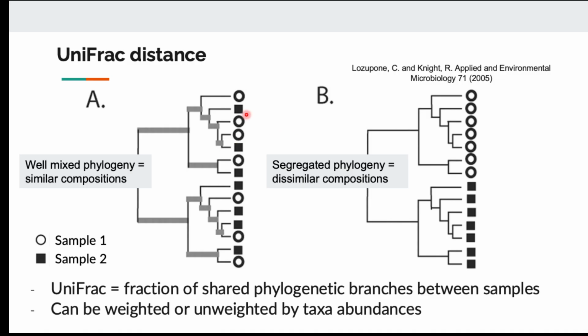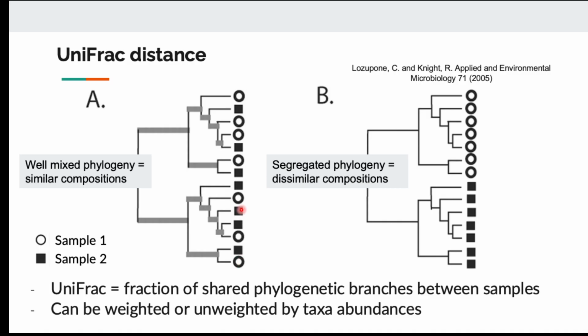First, you're going to have to do some more work. For Bray-Curtis, you just assign the taxonomy and then you count. For UniFrac distance, you have to take your sequencing data, maybe assemble them into genes or genomes, and do phylogenetics. You have to do some evolutionary analysis and reconstruct this tree.